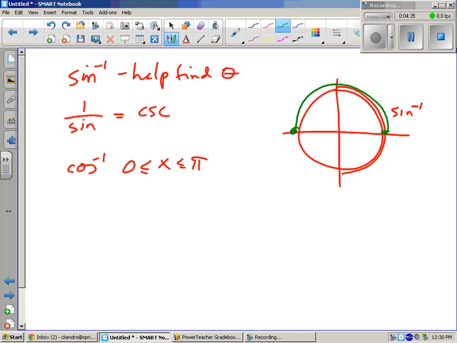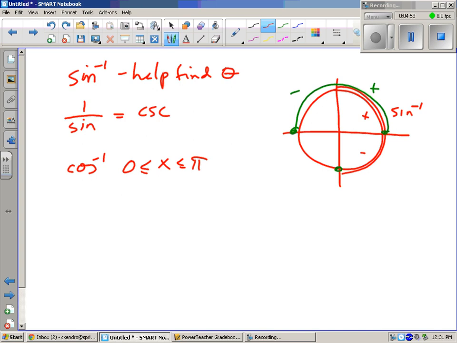So if I try to input 3 pi over 2, that's bad. You can't do it. The reason they're choosing these domains is because cosine is positive here and negative here, and sine is positive here but negative here, so you're getting all the possibilities. These other quadrants just get repeated, so we don't need them.